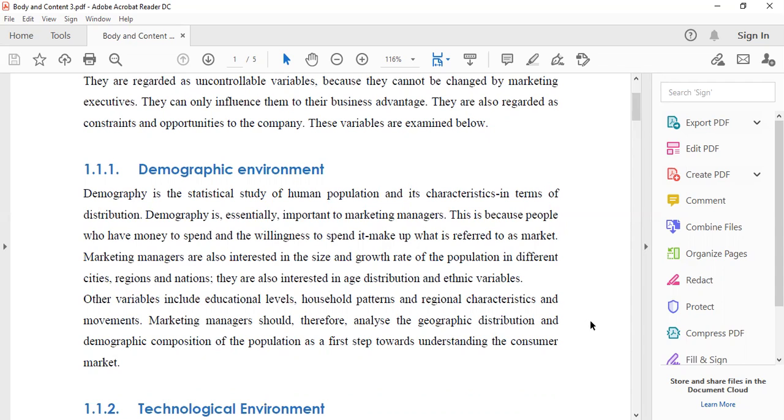maybe some regional characteristics, because it is obvious that some products are not consumed by everybody. The things that people in the upper income class consume and what those in the lower income class consume are not the same.